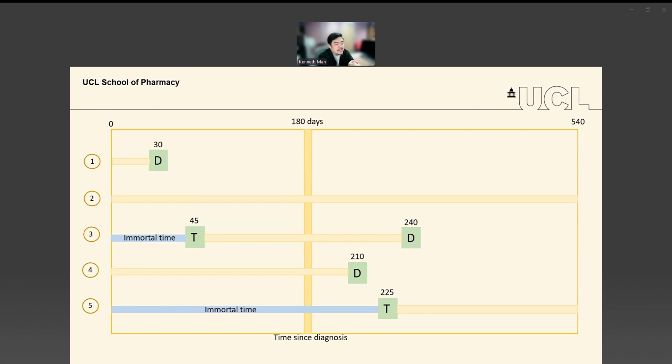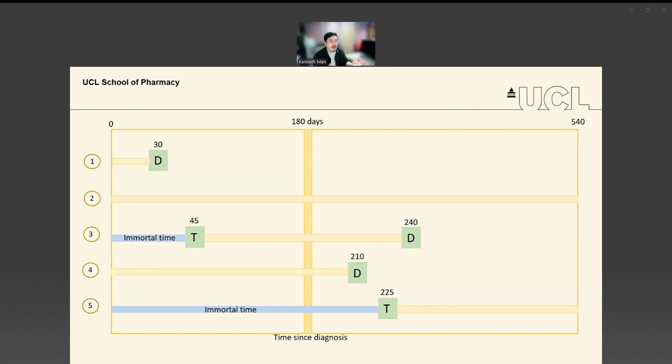Patient number 3 received the treatment at day 45, but just one patient received the treatment within the 180 days. For the rest of the patients, nothing happened to patient number 2, but we do have a complete follow-up until 1.5 years. Patient number 4 died at day 210, and patient number 5 received the treatment at day 225.